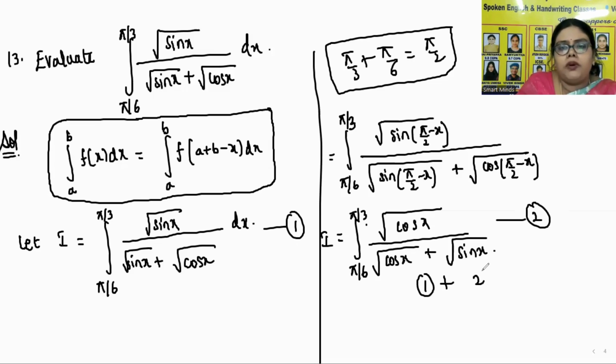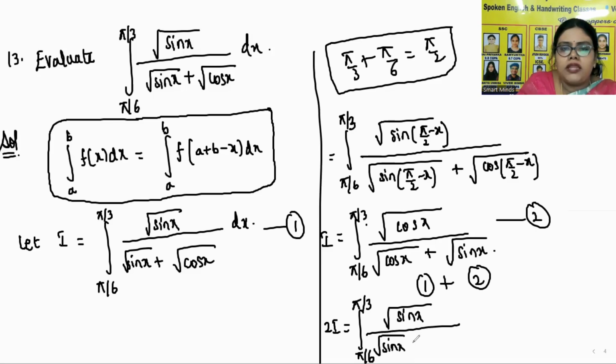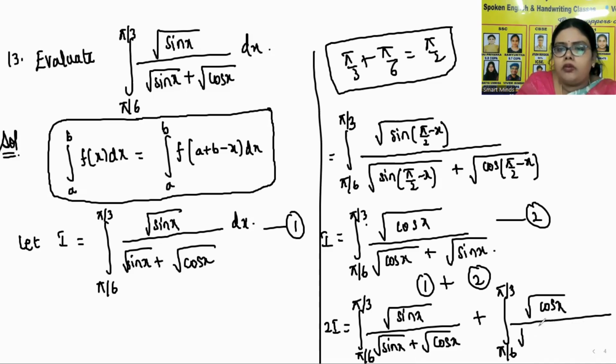Now let us take this is also I, and let us call this equation number 2. Now if you add 1 and 2, what do you get? I plus I will become 2I. That is integral pi by 6 to pi by 3 root over sin x by root over sin x plus root over cos x, plus integral pi by 6 to pi by 3 root over cos x by root over cos x plus root over sin x.